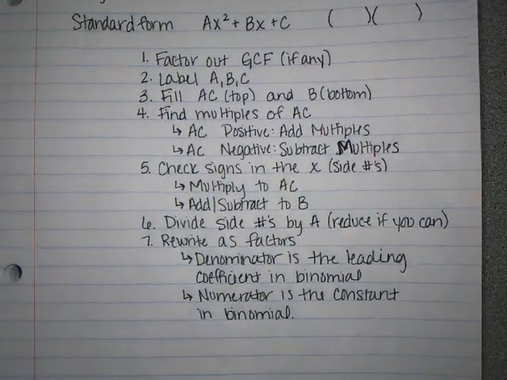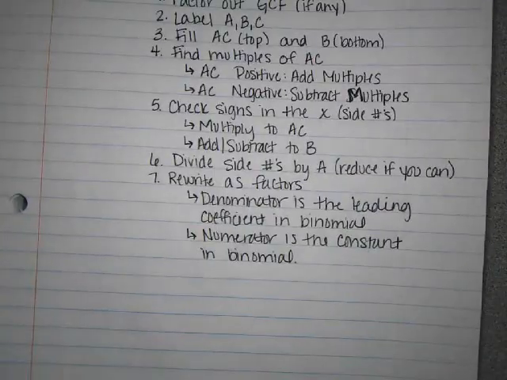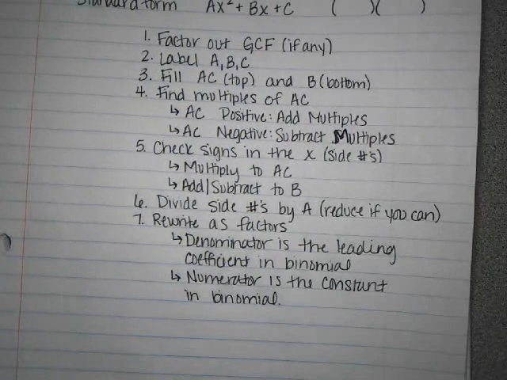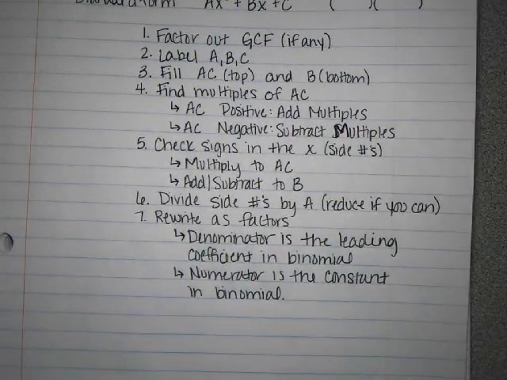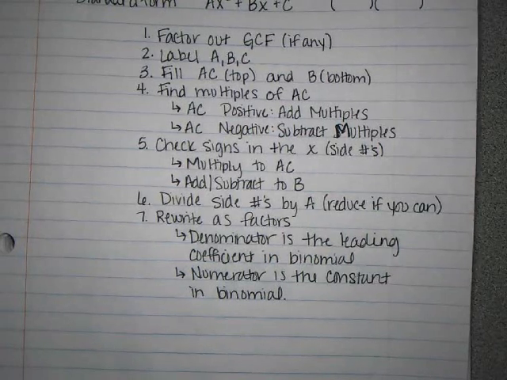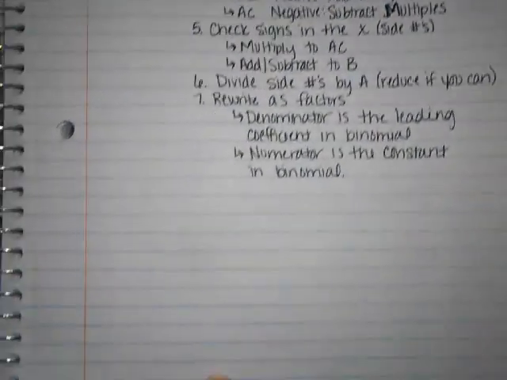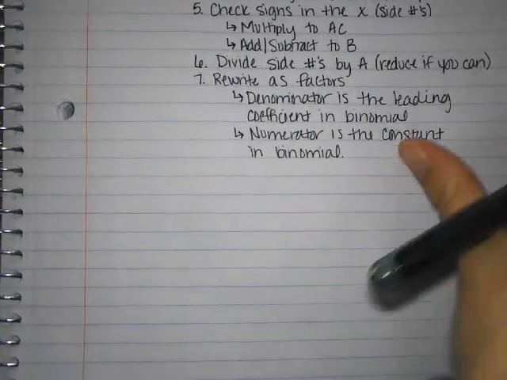So let's dive into an example so that we can actually see what I'm talking about. If you need to, you can always pause the video to write down all those steps. But like I said, the more we do these problems, the more these steps will make sense. So let's start with example 1.